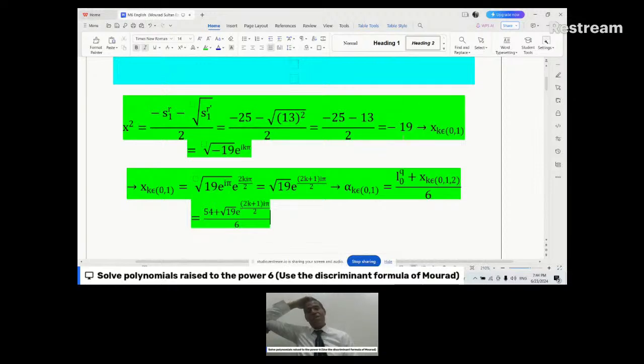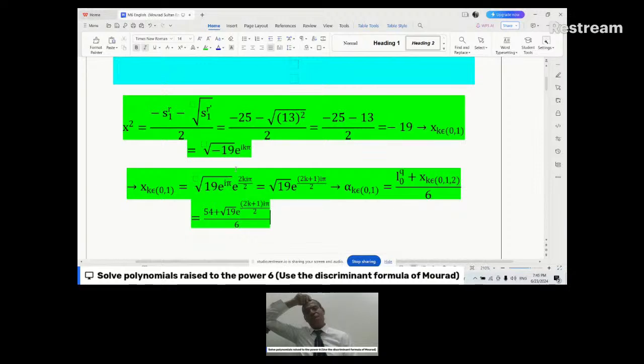So this is negative because x squared is negative. We can write the root of negative 19 exponential ik pi, or minus 1 as exponential i pi raised to the power half, so x_k is root of 19 times i pi, with minus 1 written under the square root.